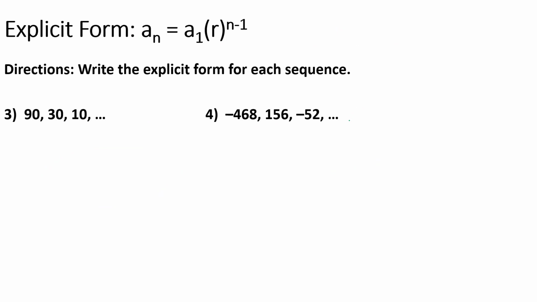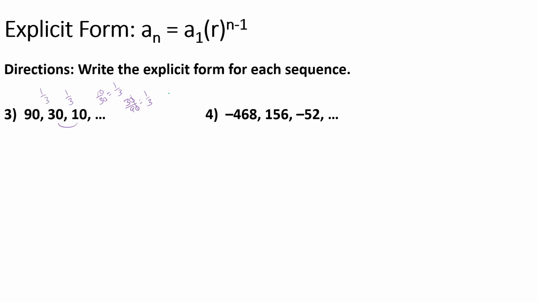Write out the explicit form for each sequence. First thing we're going to do is figure out the value of our common ratio. So we work backwards. 10 over 30 is equal to 1/3. 30 over 90 is also equal to 1/3.